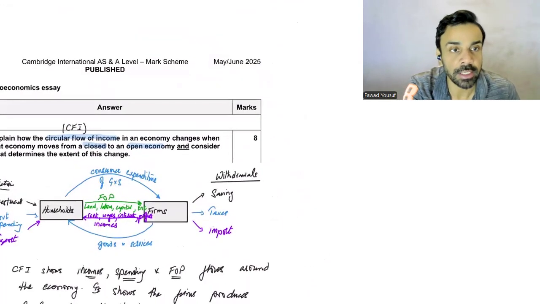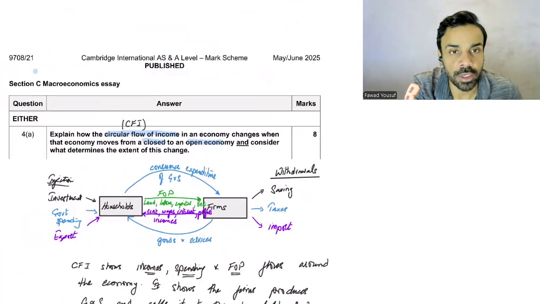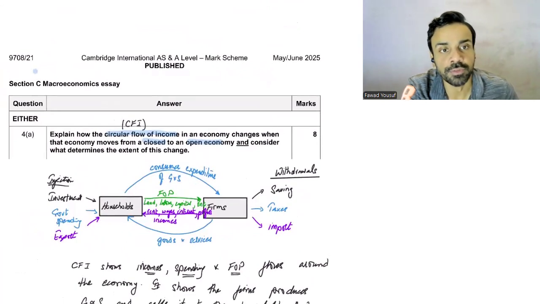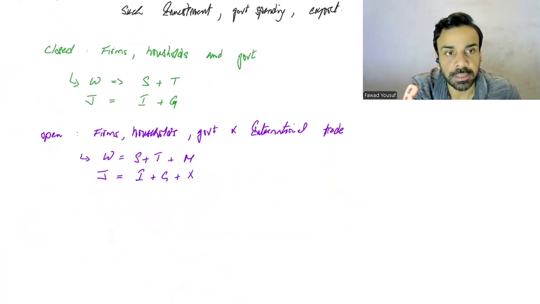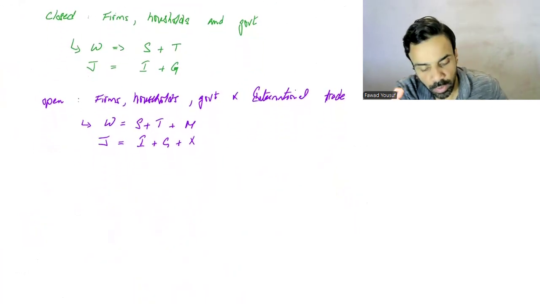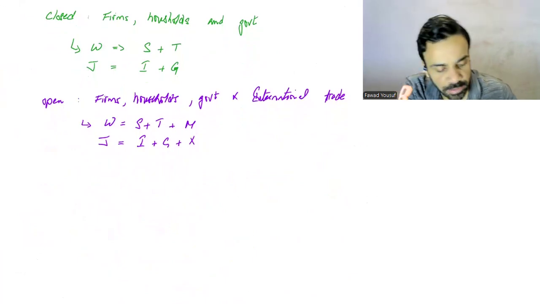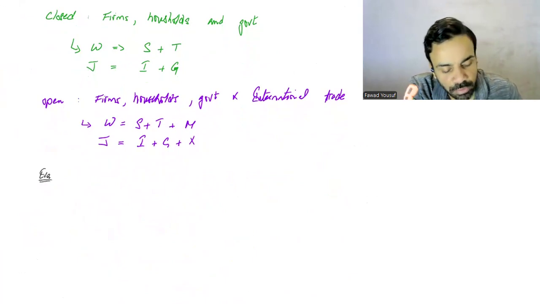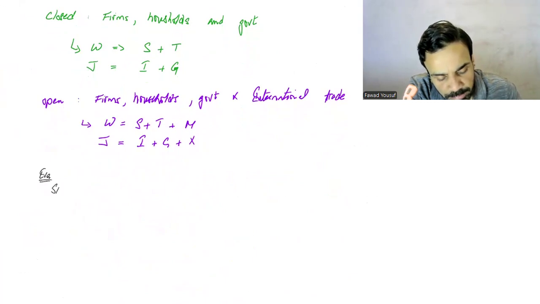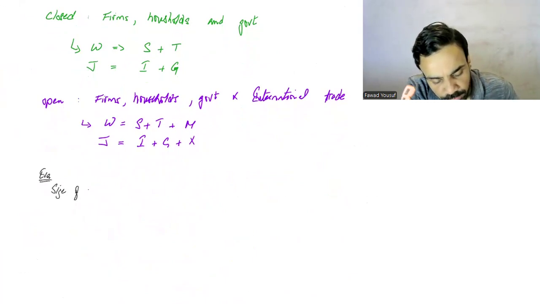I guess when we're talking about the extent of this change, so the question is about closed से open economy के अंदर जब हम जाते हैं. I think over here, the discussion that is required for an evaluation purpose, that to what extent this is happening, I think it's more about, let me say, the size of openness. Okay.